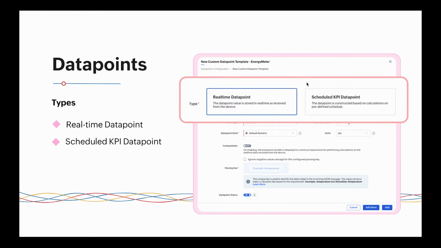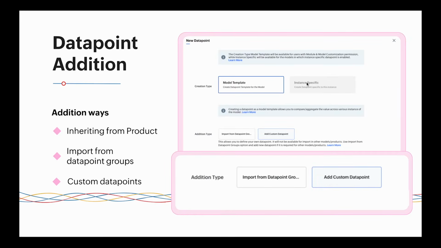The scheduled data points are called during specific time slots or periodic time intervals, like once an hour or once a day, where we define derived values from the real-time data points.